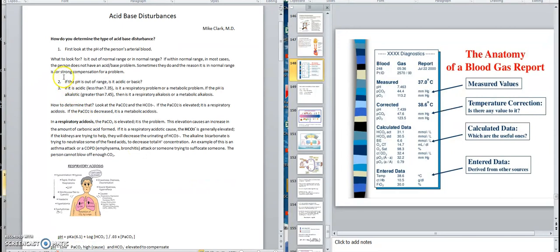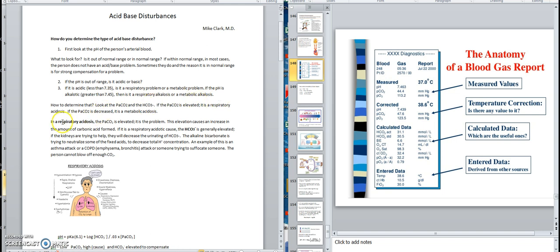If the pH is out of range, is it acidic or basic? Remember, normal pH is between 7.35 and 7.45 in the blood. If it is acidic, less than 7.35, is it a respiratory problem or a metabolic problem? If the pH is alkalotic, greater than 7.45, then is it a respiratory or metabolic problem?